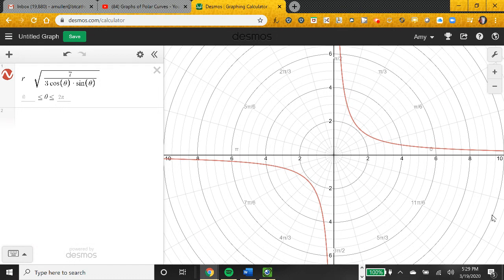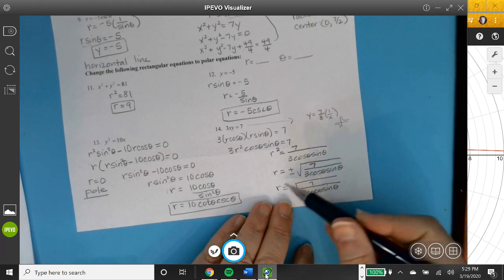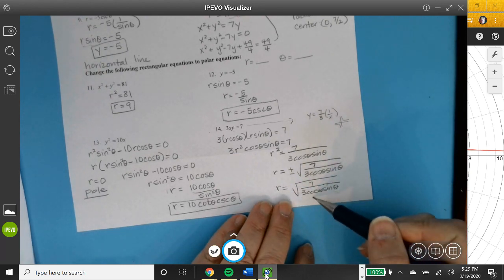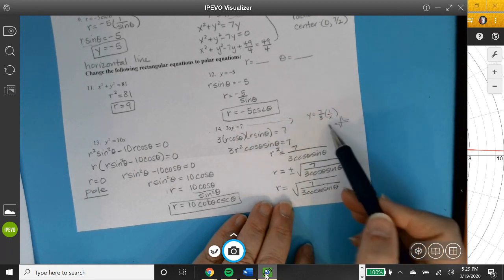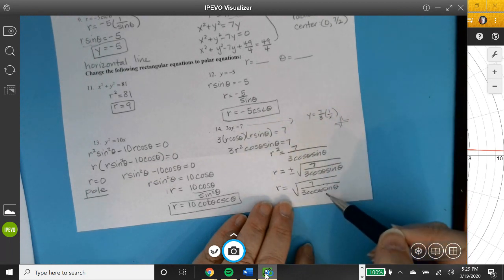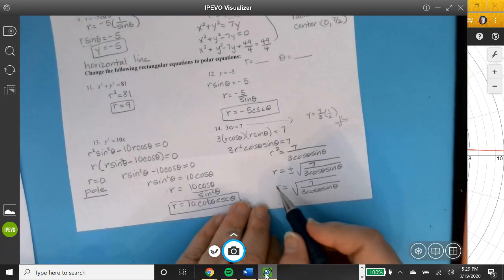So this is r equals the square root of 7 over 3 cosine theta sine theta. Now, would I expect that you know this right here is a hyperbola? No. But I would hope that you would know what this graph looks like and know that that's a hyperbola, knowing this. Okay?